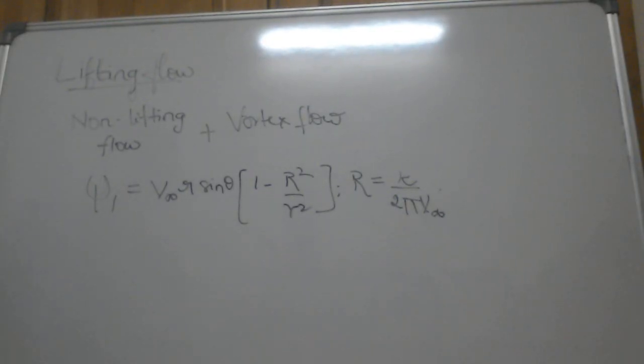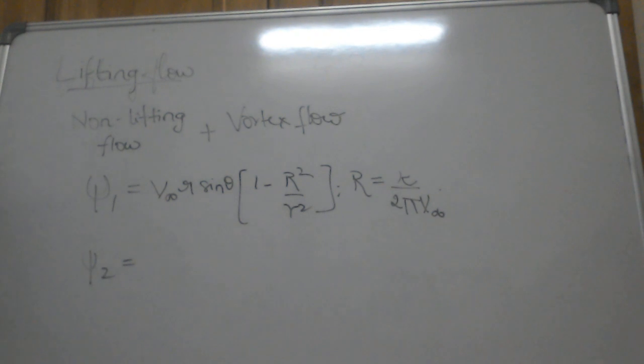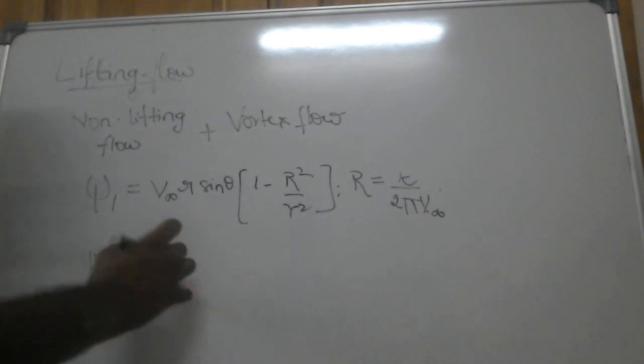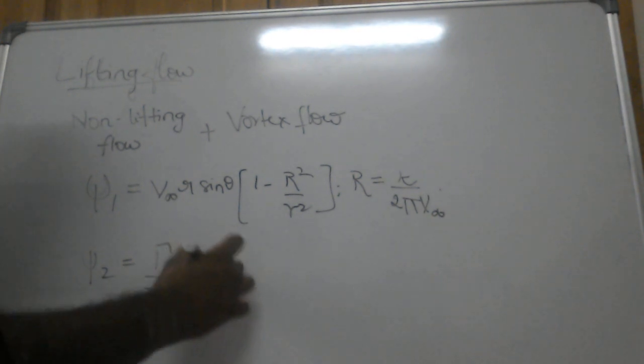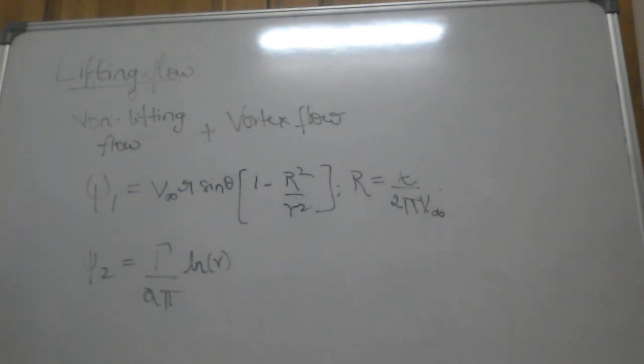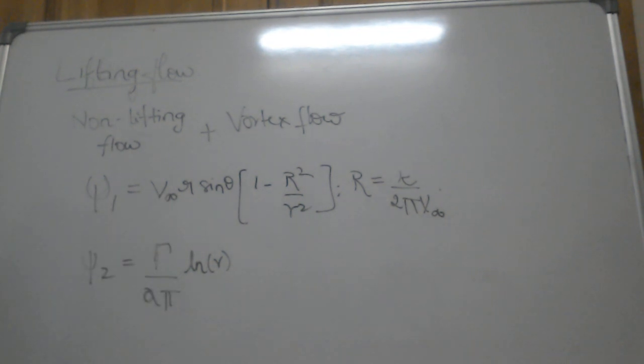Now this is the stream function of the non-lifting flow. The stream function of the vortex flow, as we have seen in the previous video, would be gamma by 2 pi logarithm of r. Now here we perform a simple manipulation in order to make things consistent.